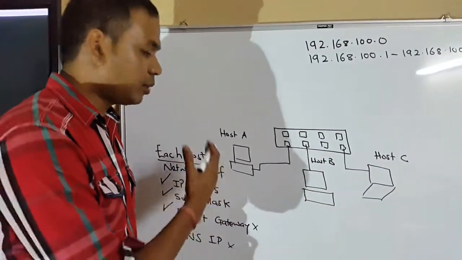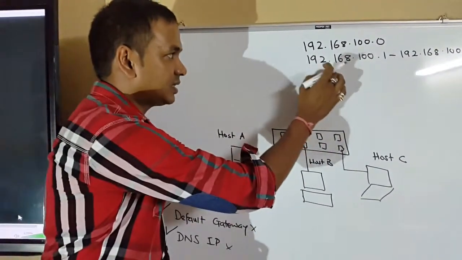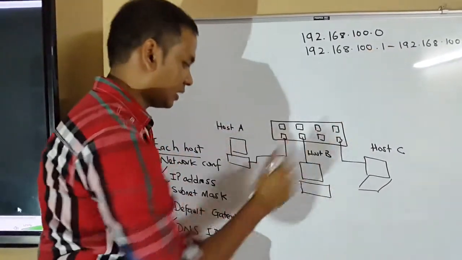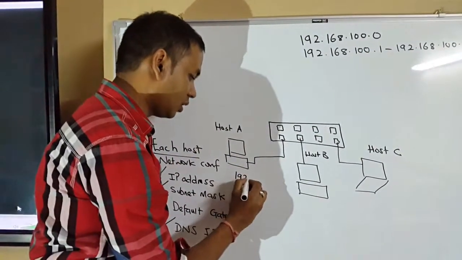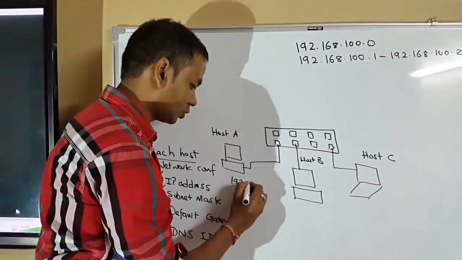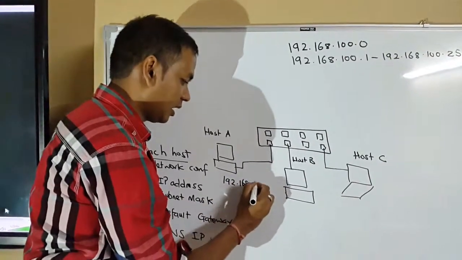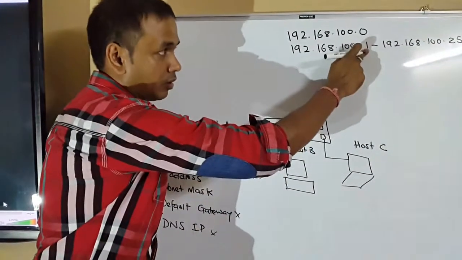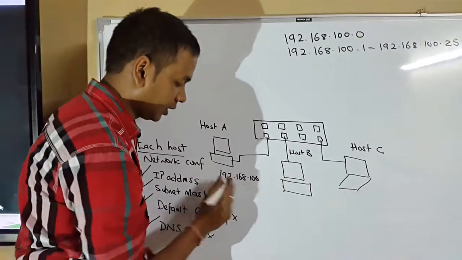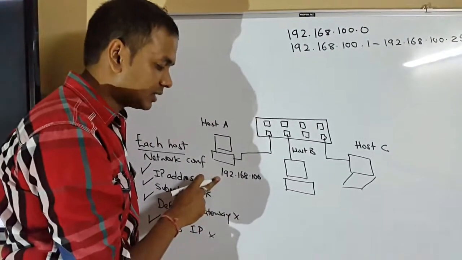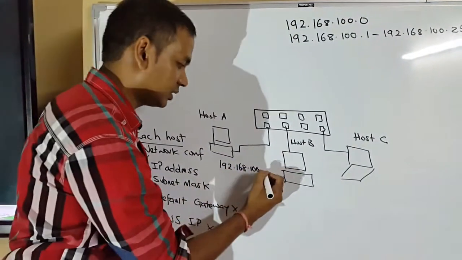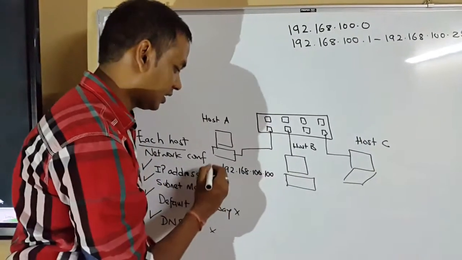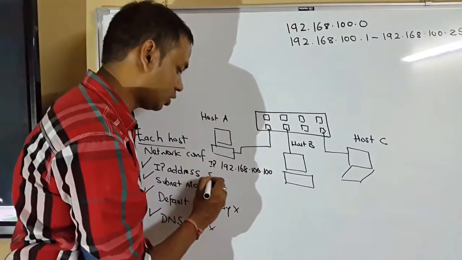Now I need to assign an IP address to all those hosts. For host A, I won't start with the first one. I will explain later why: I will reserve the .1 for the default gateway. I will use 192.168.100.100 as the IP for host A, with subnet mask 255.255.255.0.